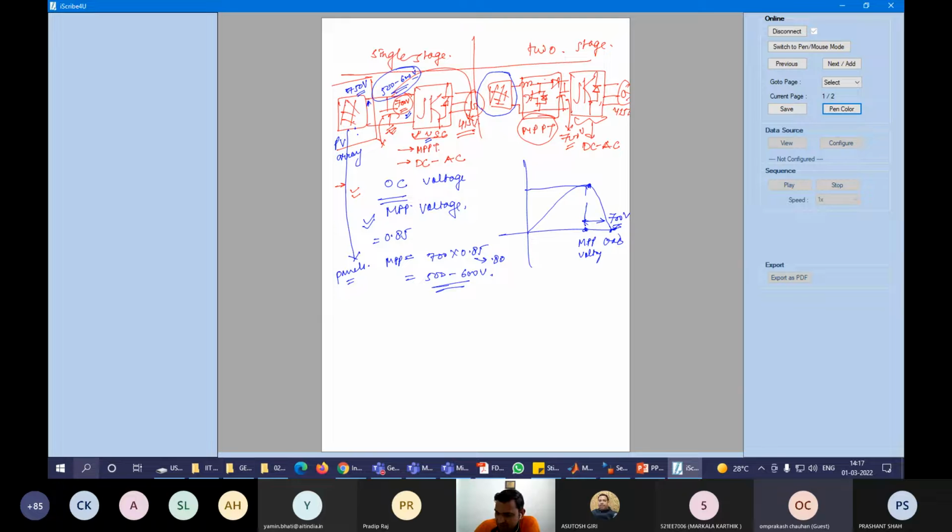So whenever you have chosen 750 here, whenever it will operate at the MPP point, you will get 700 volt at MPP.